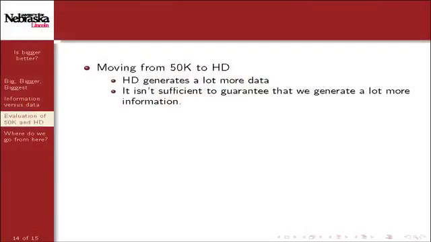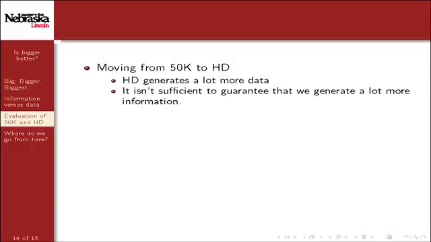Okay. So if we take a look at moving from a 50K panel to an HD panel, HD generates a lot more data. But that isn't sufficient. It doesn't guarantee that we're going to generate a lot more information.